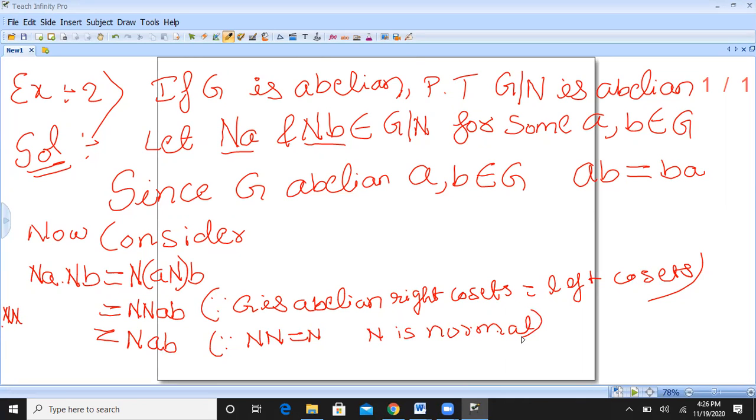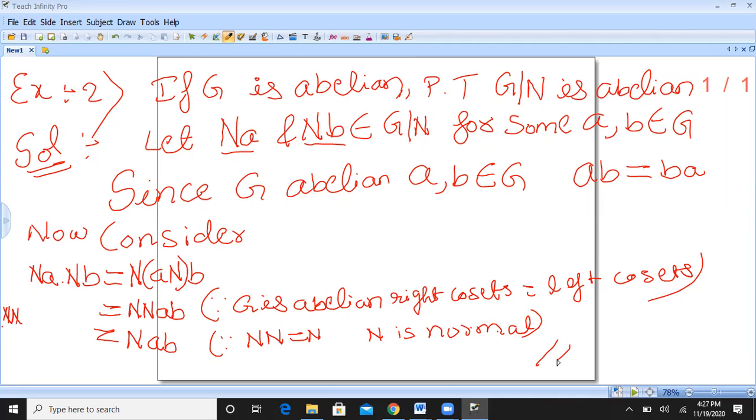Okay, so understand the first step till here. What I said first: if G is abelian, then prove that G by N, the factor group, is abelian.